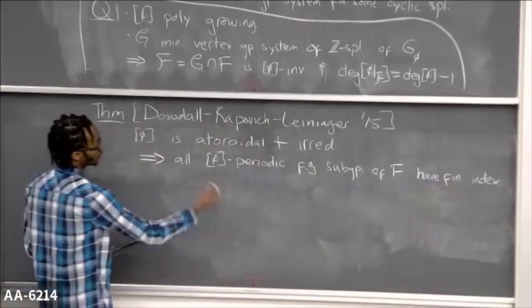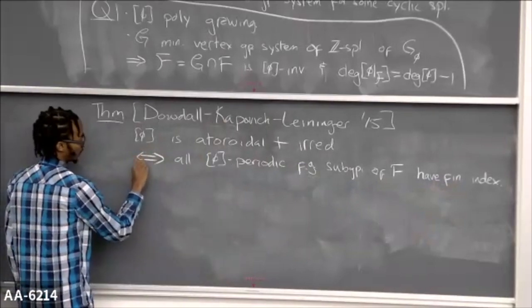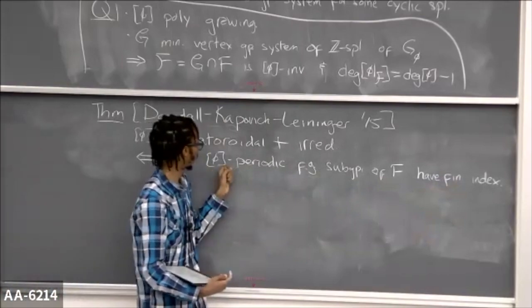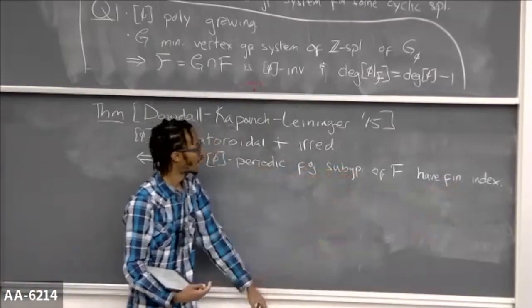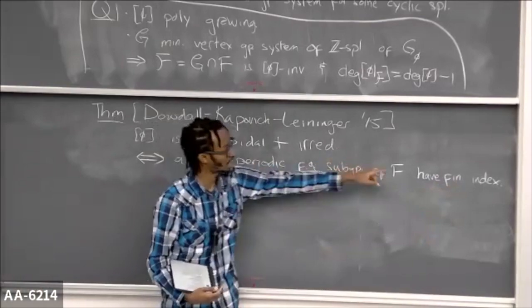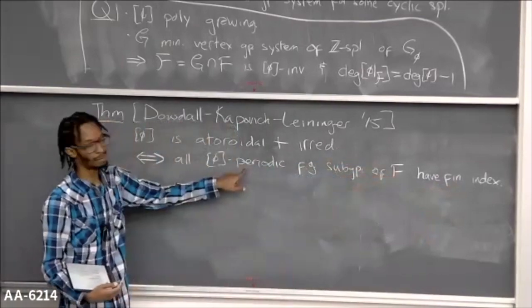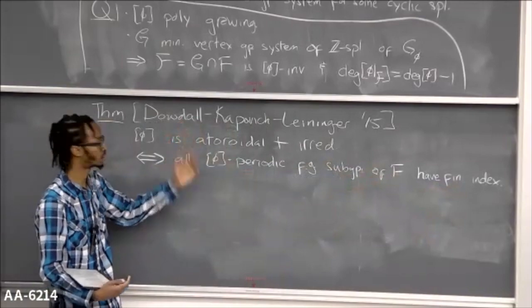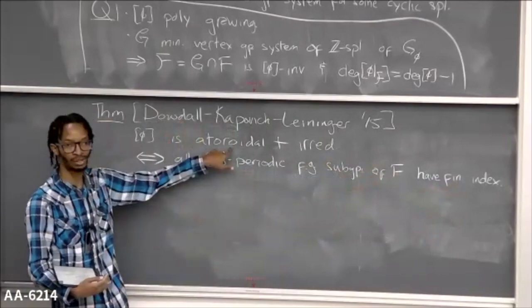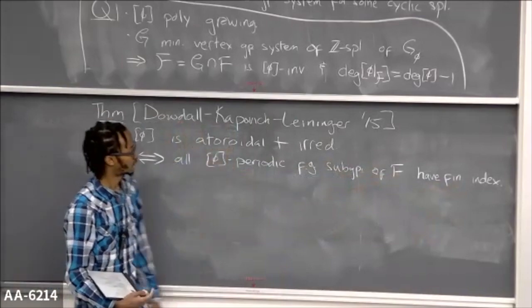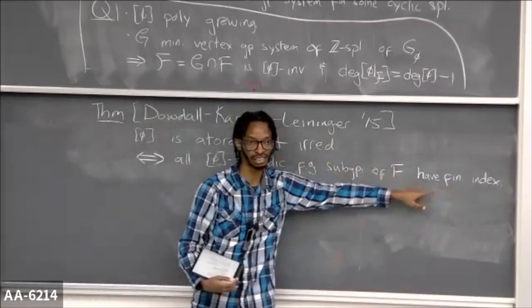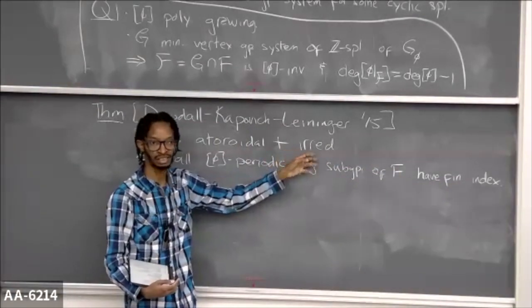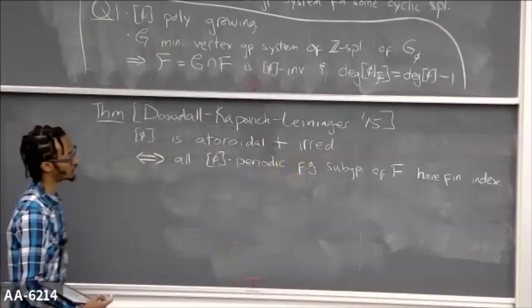And this is an if and only if. The other direction is obvious because, well, if all finitely generated subgroups that are free periodic have infinite index, none of them are cyclic. I assumed my F had rank at least 2, so none of them are cyclic. That gives me heteroidal, and none of them are free factors. So that actually gives me full irreducibility, so much stronger than just being irreducible.